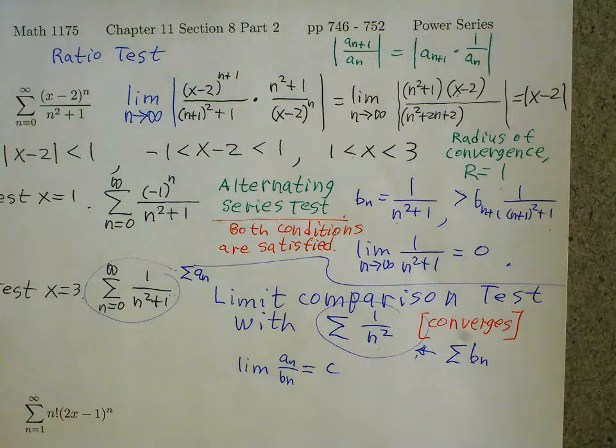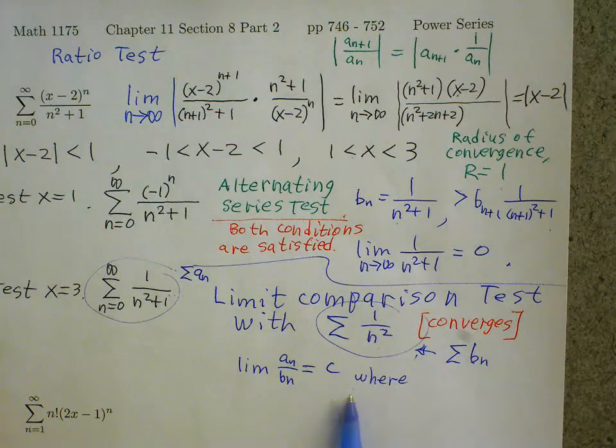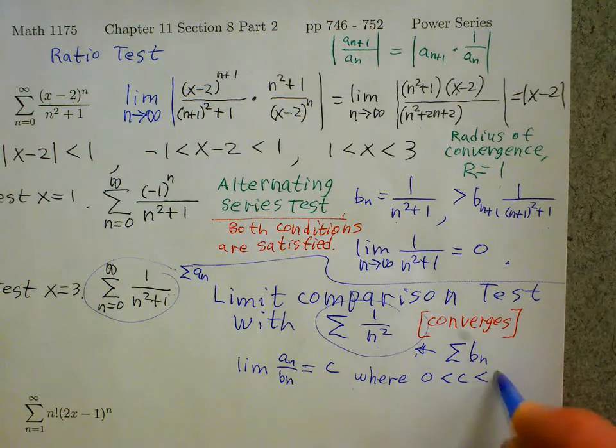Both series will converge or diverge, but since we know that this one converges, if after applying the limit comparison test, we get a finite positive number for the limit, then we will know that this one also converges. So this C has to be positive and finite.